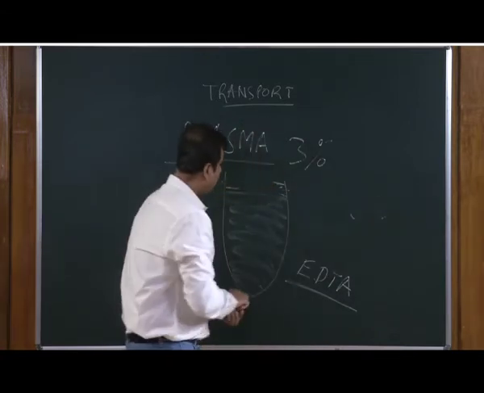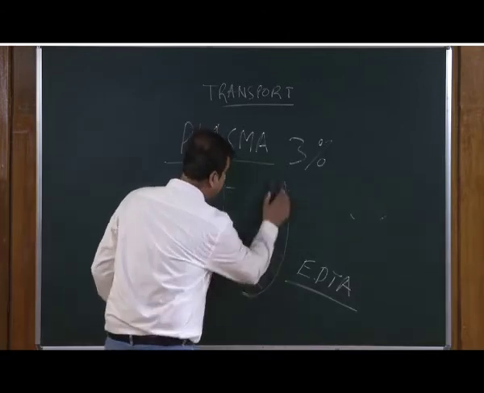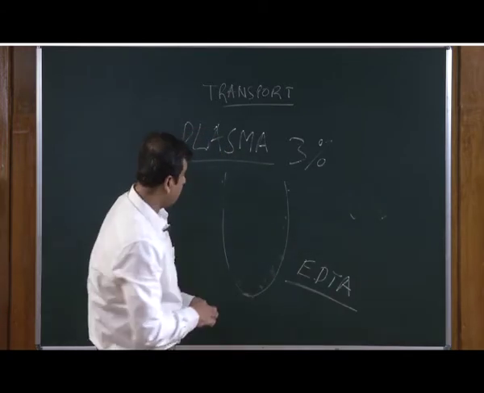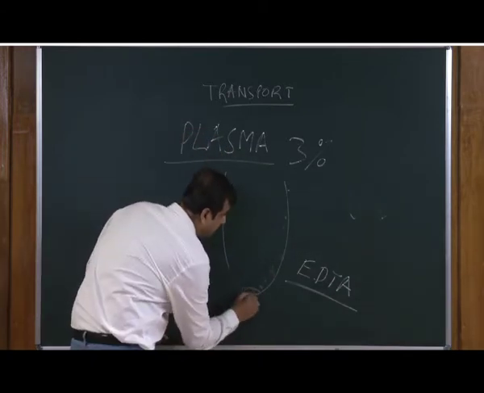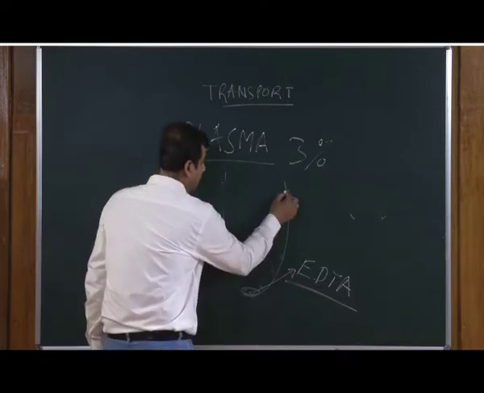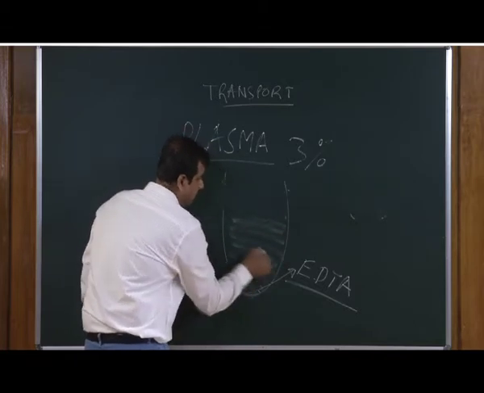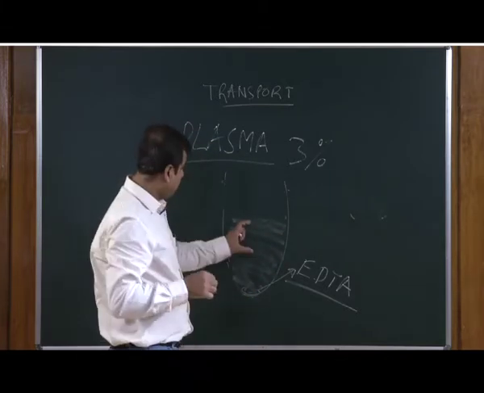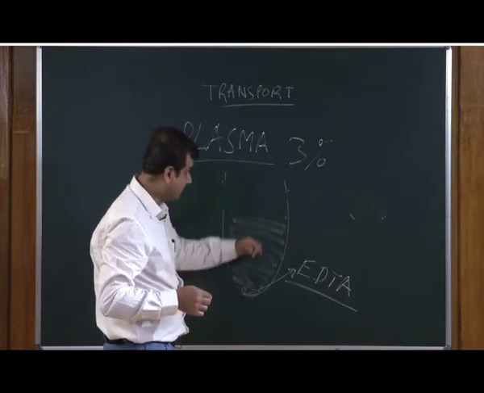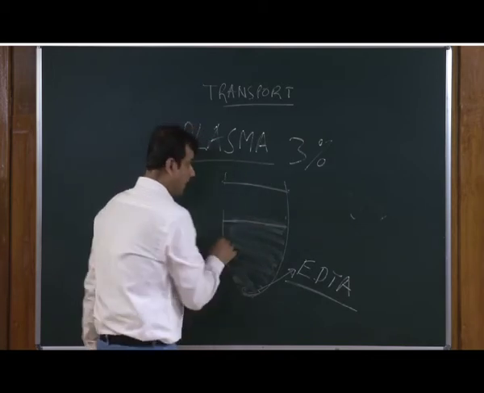Instead of serum, if we repeat the same experiment and take a little bit of this chemical called ethylene diamine tetraacetic acid, and collect the blood in this tube and mix it, then after some time the red blood cells will settle down, and we will get a clear cut area of the fluid.